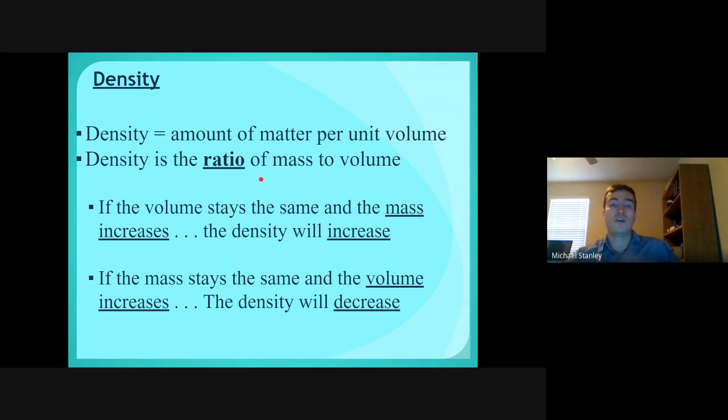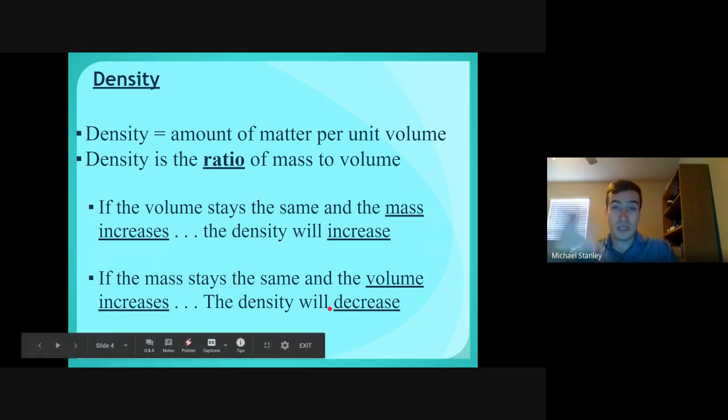Right? So if you have the same volume, but you cram more and more stuff in there, you're making it more dense. If you take stuff out, or you increase the volume, you put it into a bigger container, the density will go down. It'll be a less dense trash or less dense of whatever it is that you might be working with.